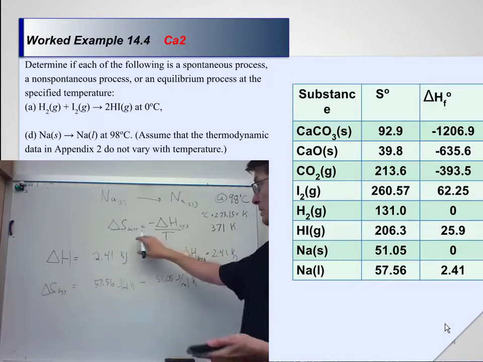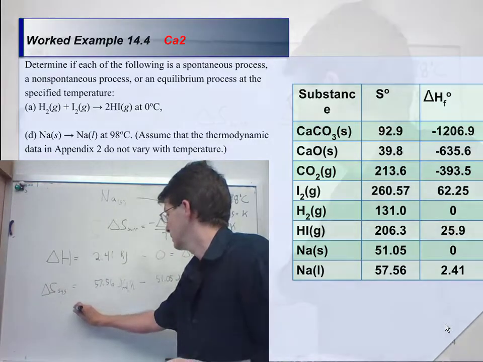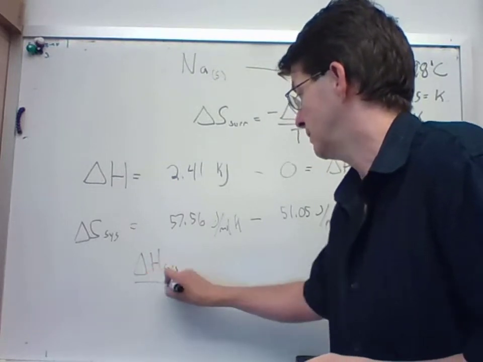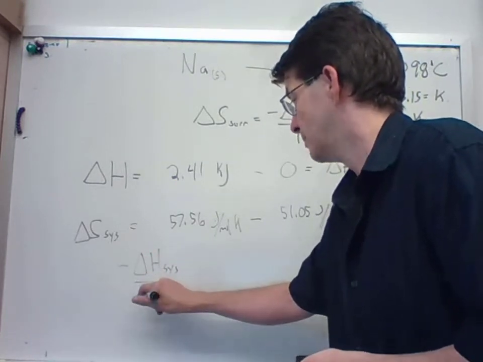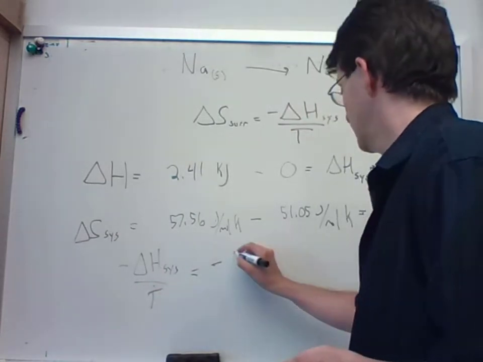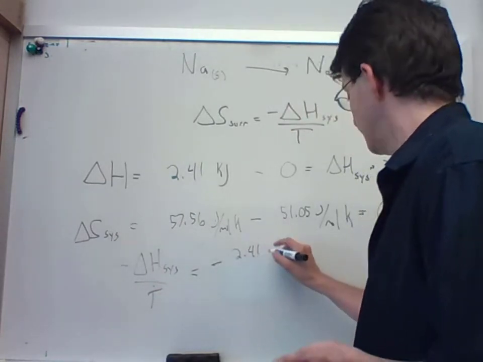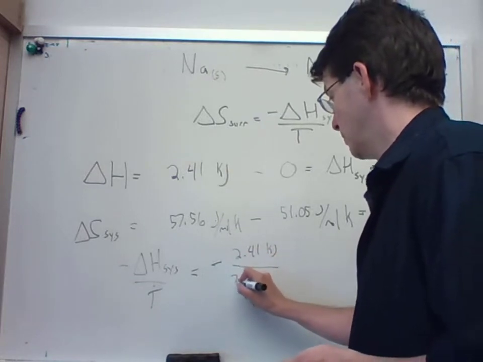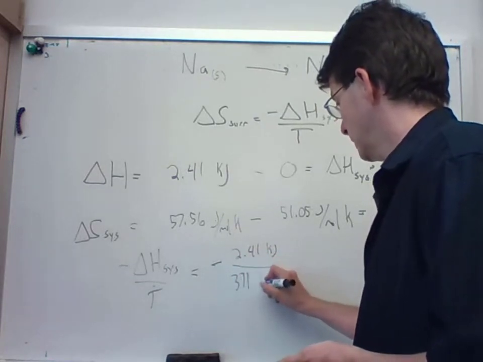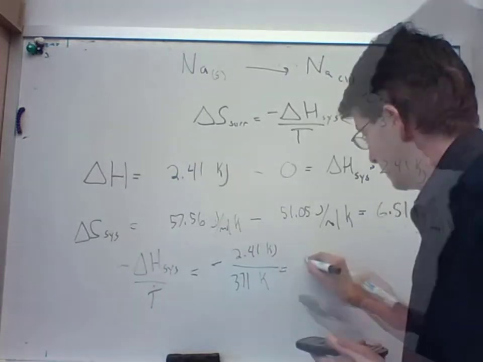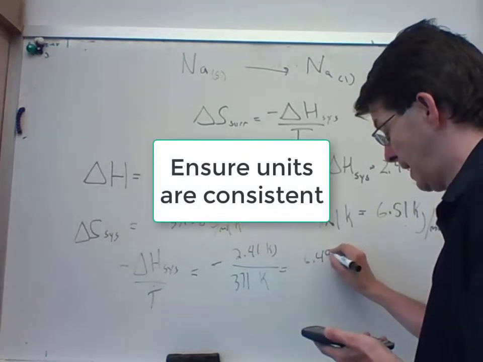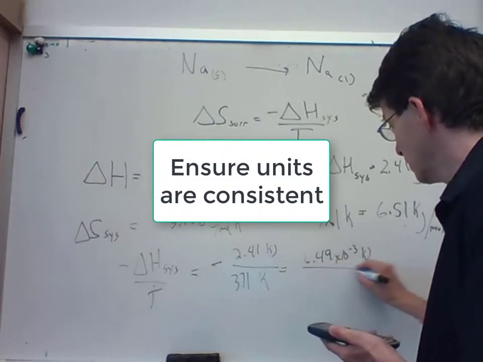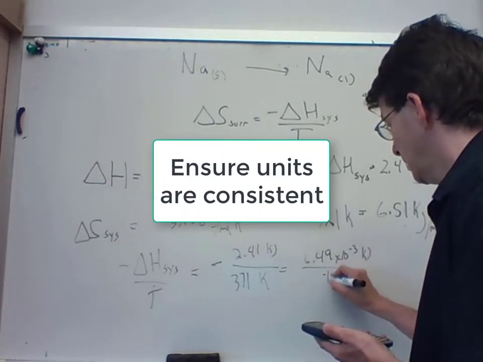Now, what we care about is the entropy of the surroundings, negative delta H of the system divided by the temperature, equal to negative 2.41 kilojoules over 371 Kelvin, 6.49 times 10 to the minus third kilojoules per Kelvin.